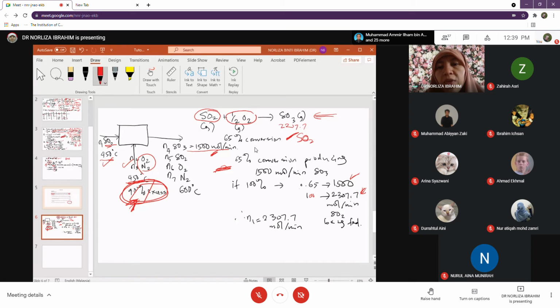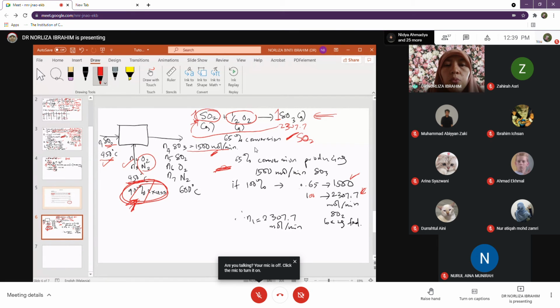If you refer to the stoichiometric coefficients, 1 to 1, this is supposed to be the flow of the SO2, 2307.7.